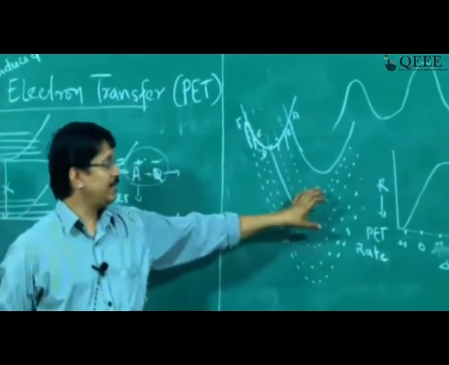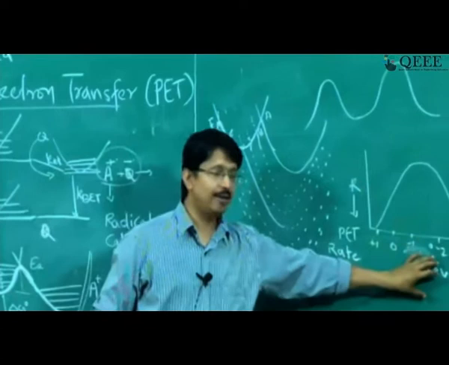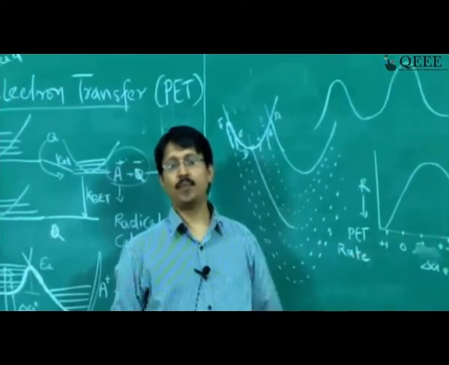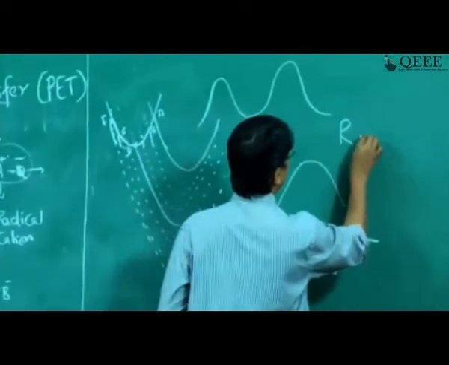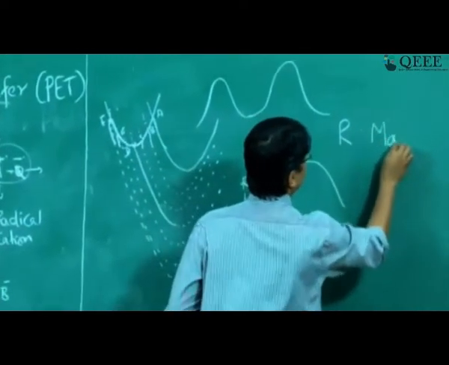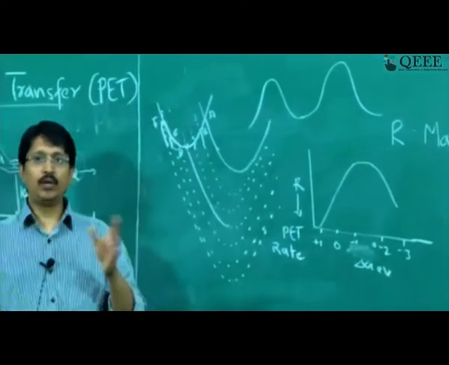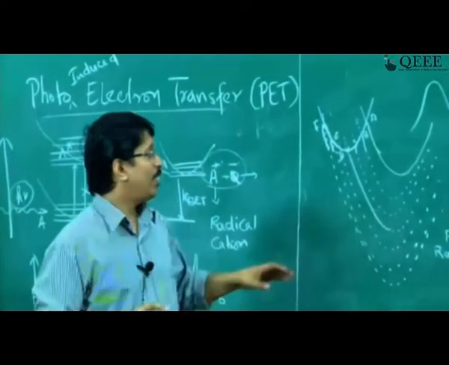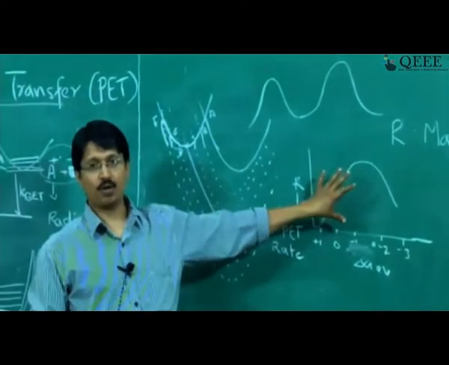The photo-induced electron transfer rate and its relation with the Gibbs energy was established theoretically by a professor called Rudolf Marcus. That was happening during the 50s or early 60s, and at that point there was no experimental verification for this prediction.